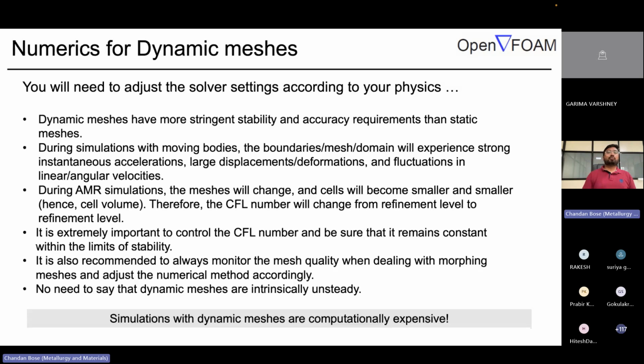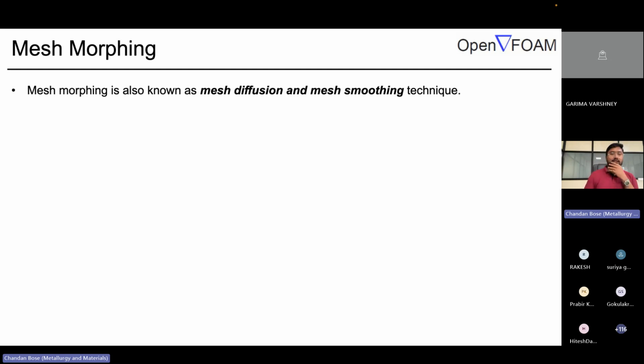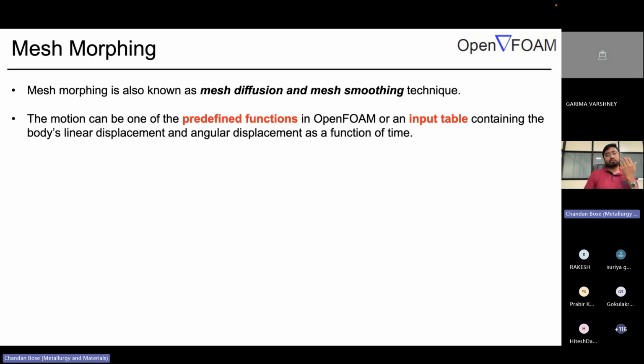So with this background in mind, I will quickly show you the first two. One is mesh morphing, another is the overset method, in brief detail, and then I will give you a glimpse of the other dynamic meshing strategies. Now, mesh morphing is also known as mesh diffusion or mesh smoothing technique.